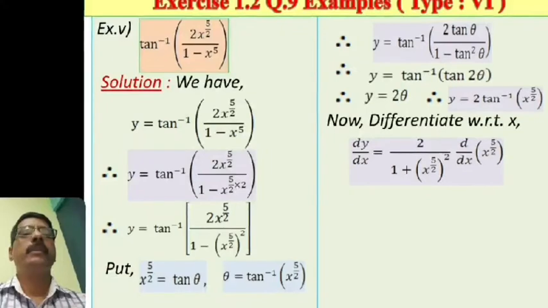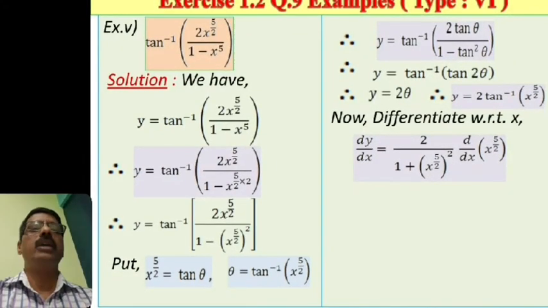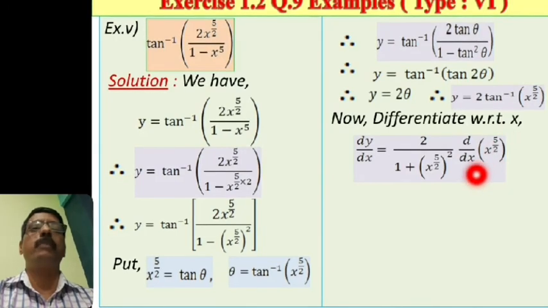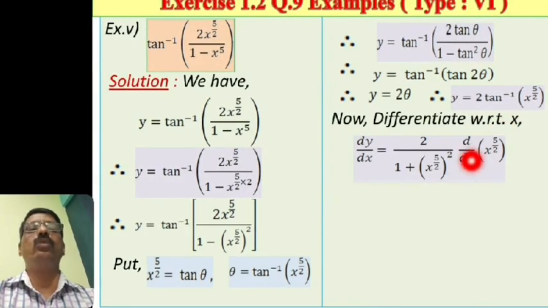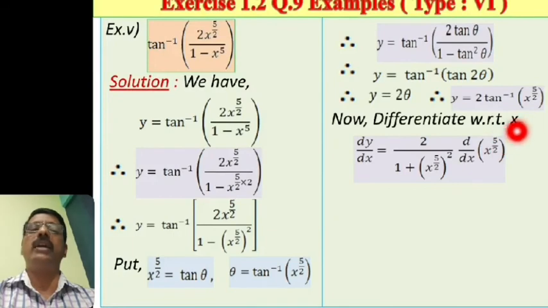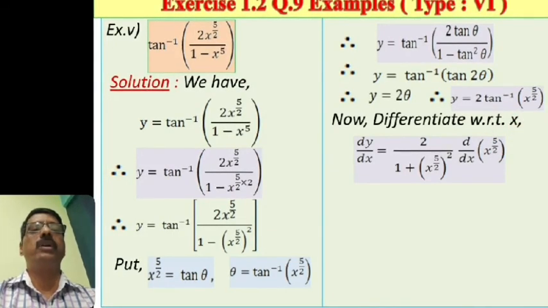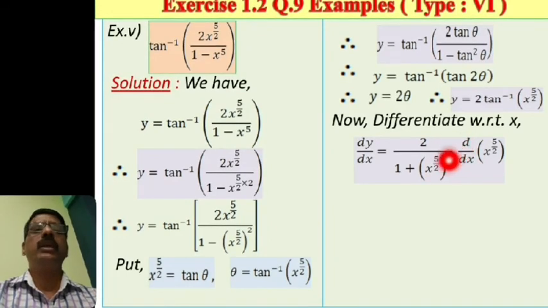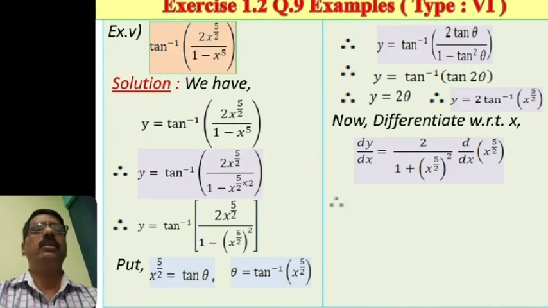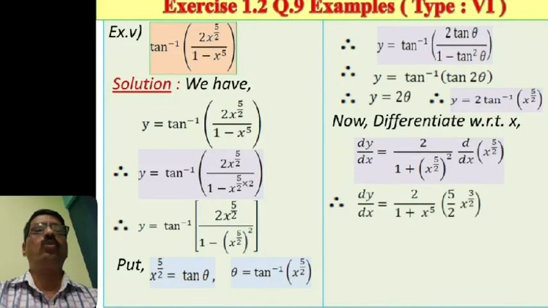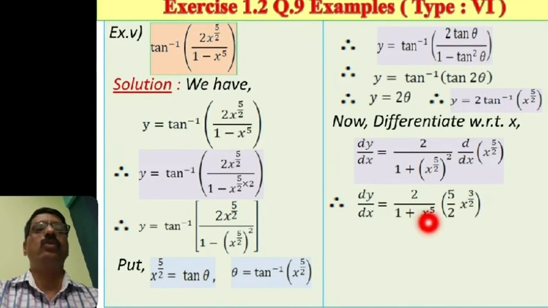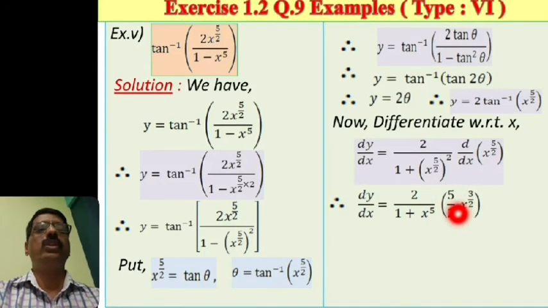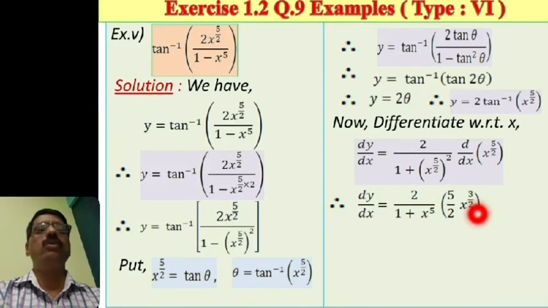Okay, then simplifying this step, we take the derivative of x raised to 5 upon 2. We have to apply the formula: derivative of x raised to n equal to n into x raised to n minus 1. Here in the denominator the 2 cancels, and therefore dy by dx equal to 2 upon 1 plus x raised to 5 into the derivative of x raised to 5 upon 2, that is 5 upon 2 into x raised to 3 upon 2.